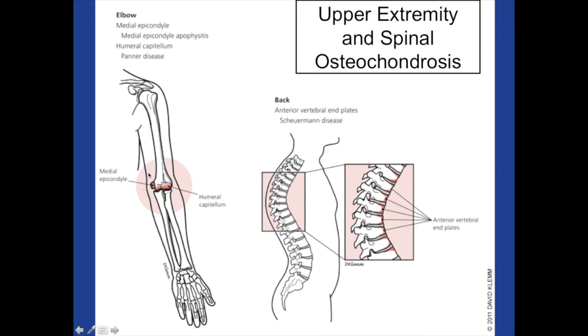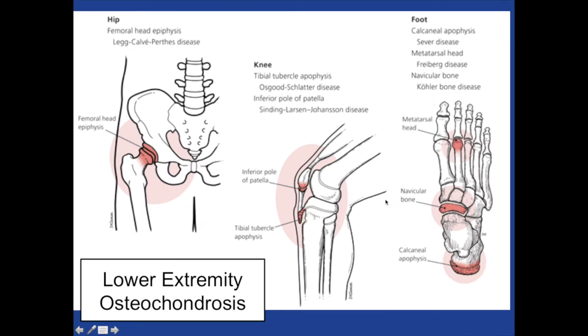In the upper extremity, the elbow is the most common site, and we'll talk about this in a few subsequent slides. In the back, at the anterior portions of the thoracic vertebrae, is a classic osteochondrosis called Scheuermann's disease, and it is clinically defined by at least 3 contiguous thoracic vertebrae that show signs of osteochondrosis, and you have an increased kyphosis.